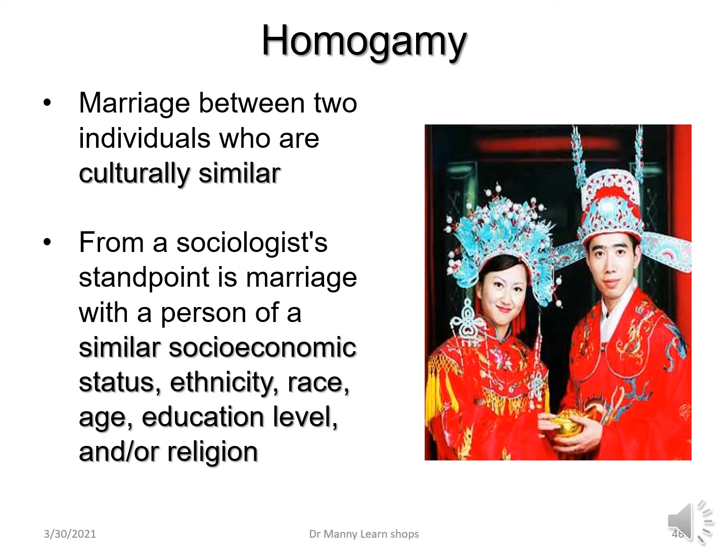You've got homogamy, which is marriage between two individuals who are culturally similar. And from a sociologist's standpoint, it is a marriage with a person of similar socioeconomic status, ethnicity, race, age, educational level, and or religion.